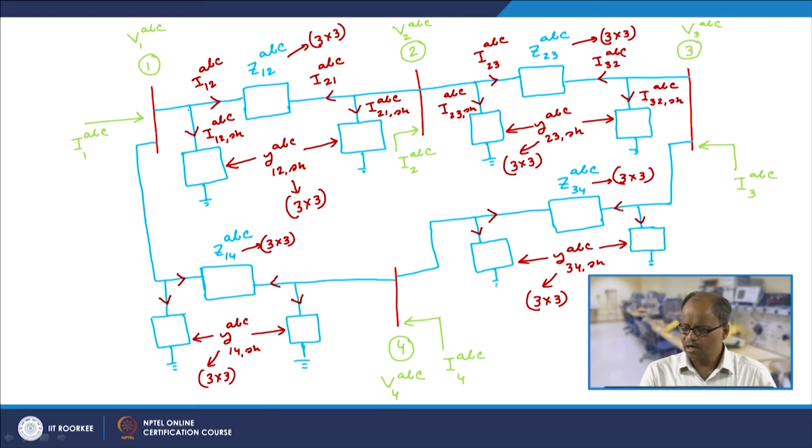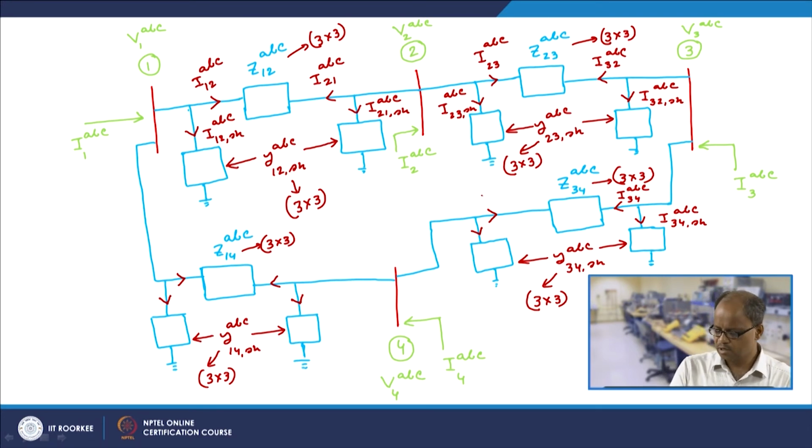This current is I34 ABC, and this current is I34 shunt ABC.